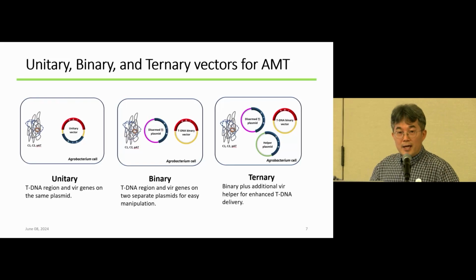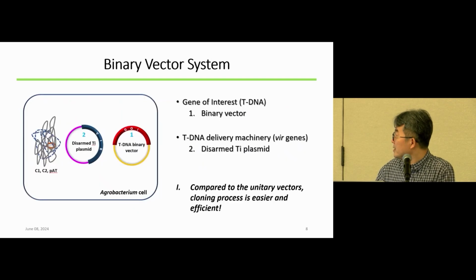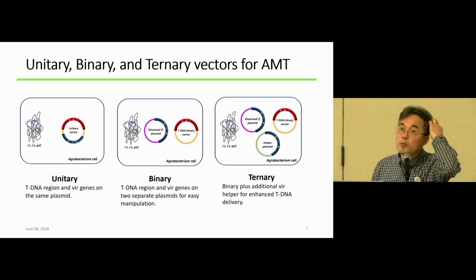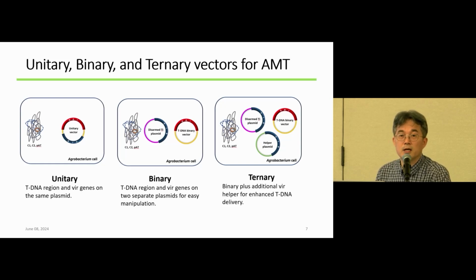I brought this up again because this is very important, right? If you are experiencing low T-DNA delivery efficiencies, then we recommend a ternary vector system, which carries an extra helper plasmid. The ternary helper plasmid was developed a long time ago by introducing the constitutively active VirG on a third plasmid, in addition to the Ti plasmid and your binary vector, which enhances the transformation.